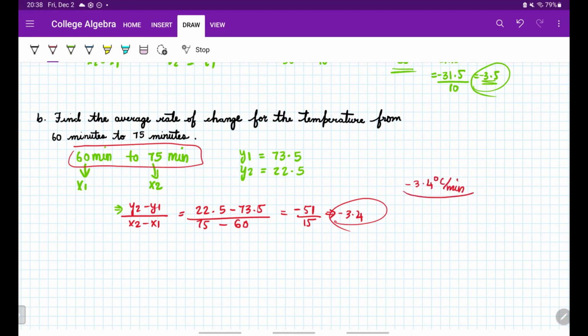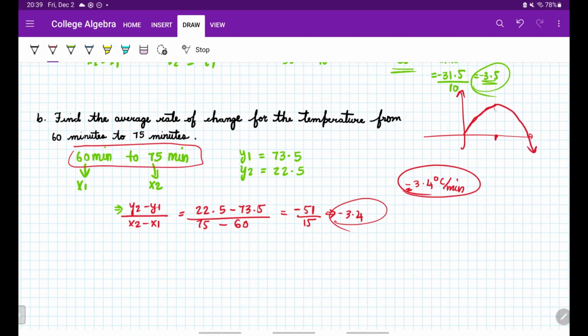So why are we seeing a negative number? Because it represents that it is cooling down. If the temperature is increasing, you would go to the positive side, and as the temperature is reducing, that means your slope is negative. If I plot this and say I take out the roast from the oven at this point, the roast in the oven would be heating up until this point, and then it would at some rate go down.